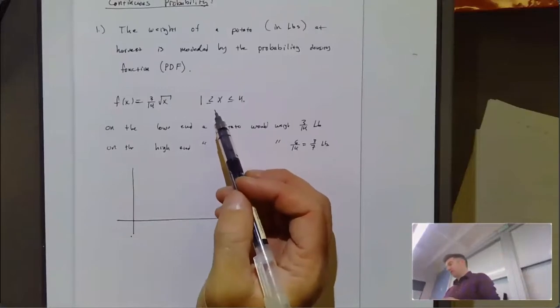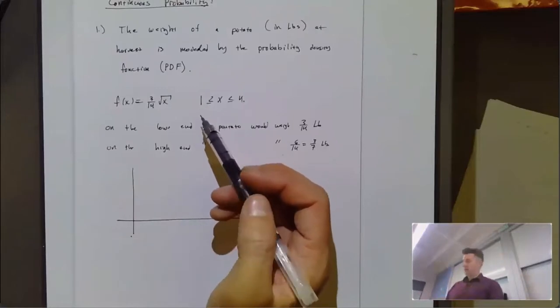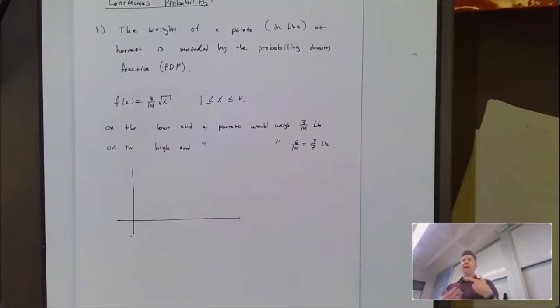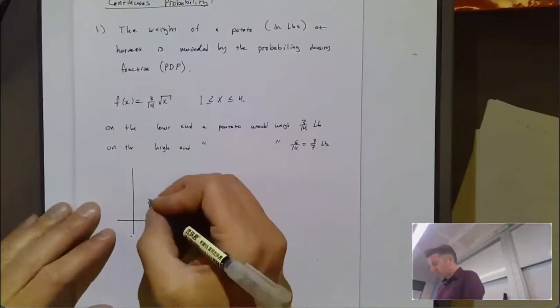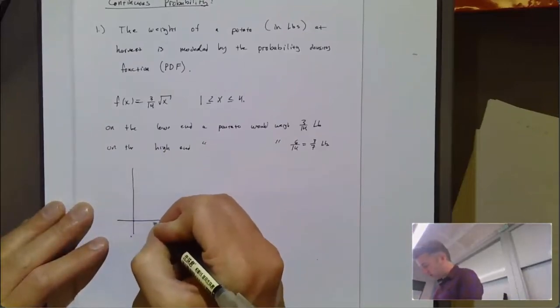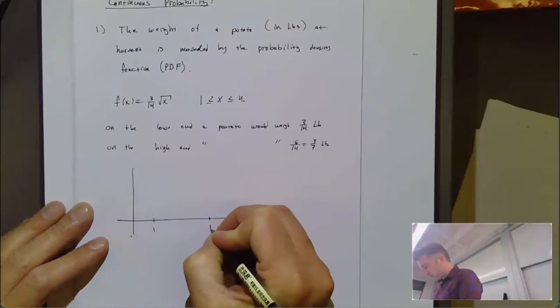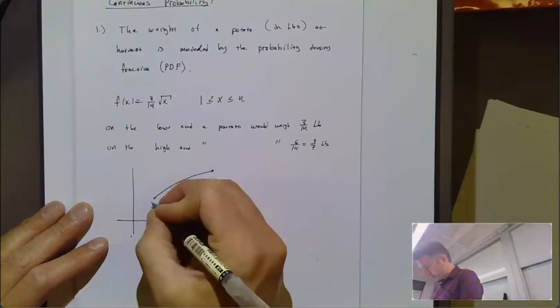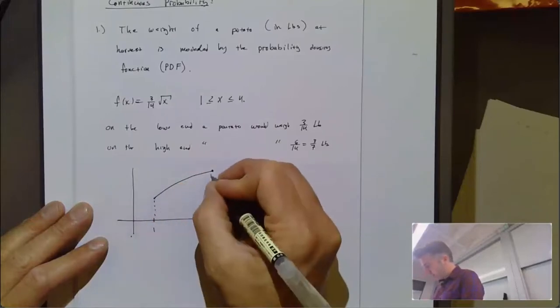So I can't say x equal to 1 times the probability of 1 plus x equal to 1.1 times the probability. I can't add up all these probabilities. So instead I'm going to think of it graphically. Here's 1, here's 4, and here's my function. It looks like this.